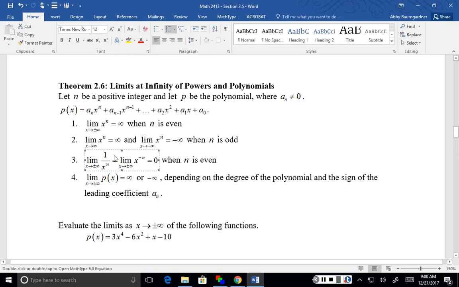This one is probably the most significant to us. If you have 1 divided by x to the n and you try to evaluate at infinity or negative infinity, the answer should be 0. What's happening here is you can think of this as, say, a $1 bill.